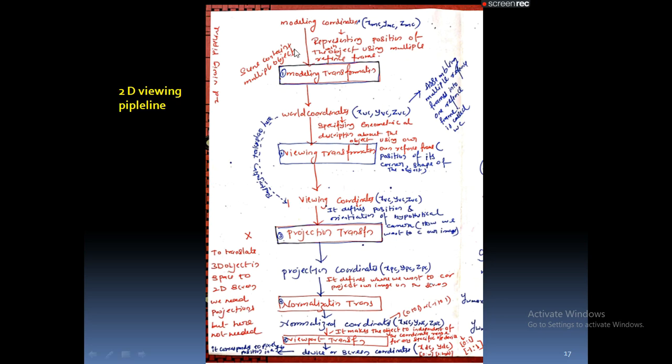So assume that we want to create one image in computer graphics, or in OpenGL. Whenever we want to create any image in OpenGL, first we need to perform modeling. To perform modeling, you need to specify modeling coordinates.